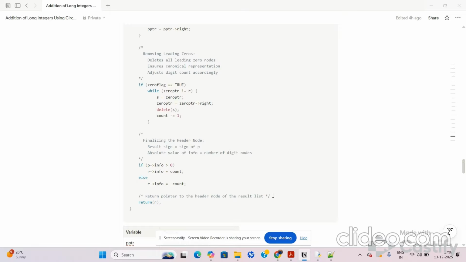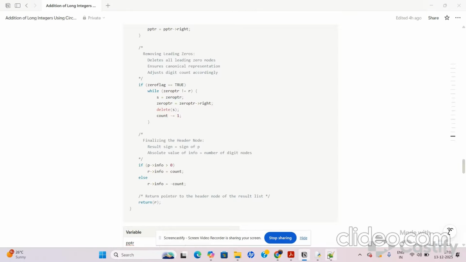So the larger list is P. So if P of info is greater than 0, that means P's header consists of a value greater than 0, the count whatever you have computed in the result, you store it as it is. Otherwise you store it as minus count, indicating that the result is a negative number.